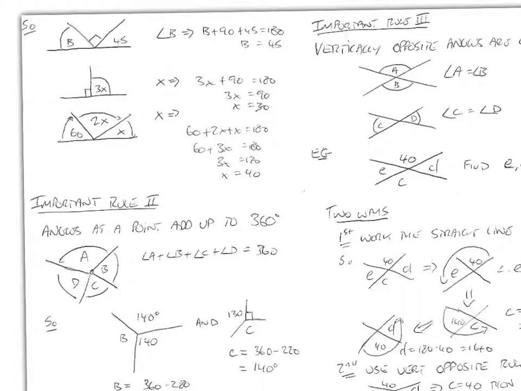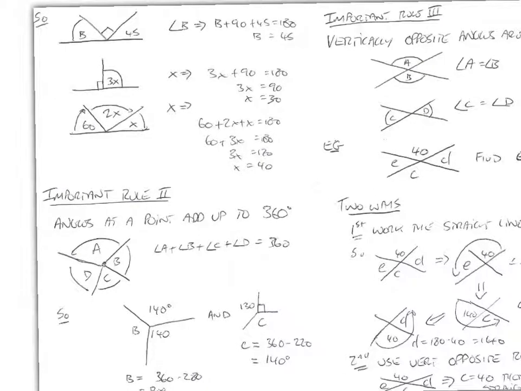And so let's look at an example using that rule, that the sum of angles of a straight angle is equal to 180 degrees. So we have a straight line angle of 180, but that's dissected by this line and this line, which are at 90 degrees to each other.